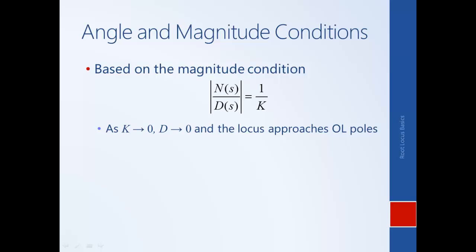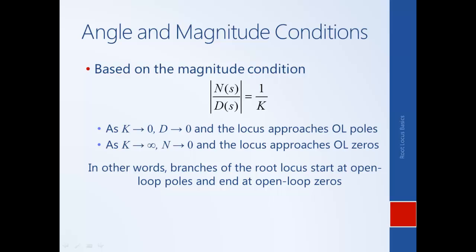Zeros. So as k approaches infinity, this becomes small if n approaches 0, which corresponds to values of s that are equal to the open loop zeros. This too is something that we saw. Okay? And so this gives us sort of a big picture idea of what the root locus is doing.